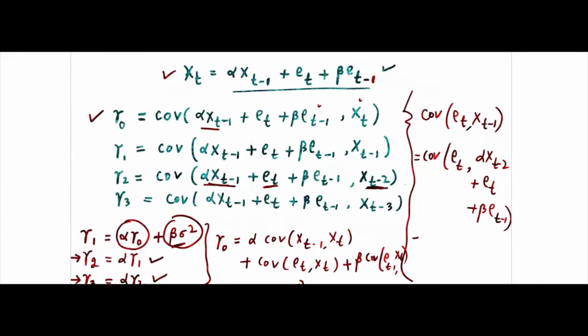So let me write one by one. Et minus 1, the first one: there is 100% surety you will not get anything. Now you can try with alpha et, that is sigma square anyway. And then we'll check et with alpha xt minus 2. Okay, one by one.